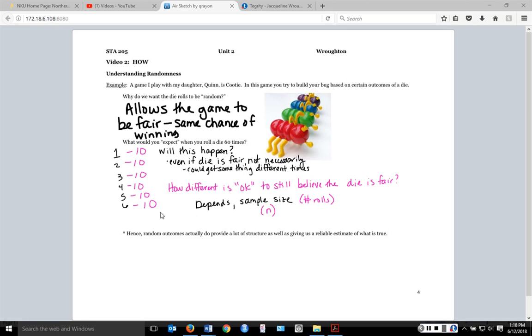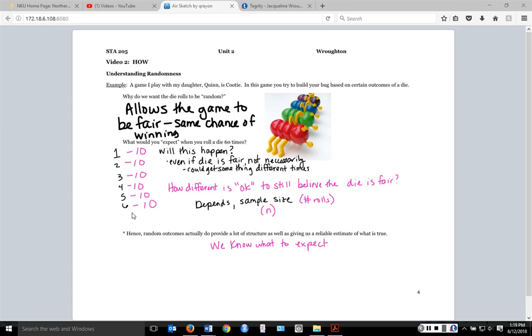Randomness actually is a very useful tool for us here in statistics, because what it allows us to do is know what to expect. I have exactly an expectation of what should happen when I roll the die 60 times. Here's what I should get if my die is fair.